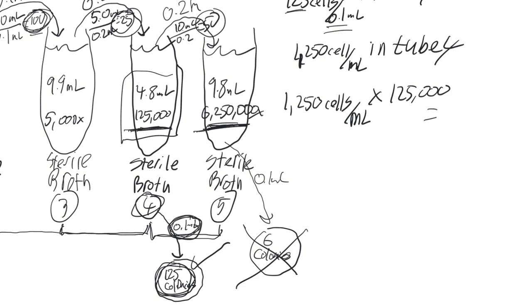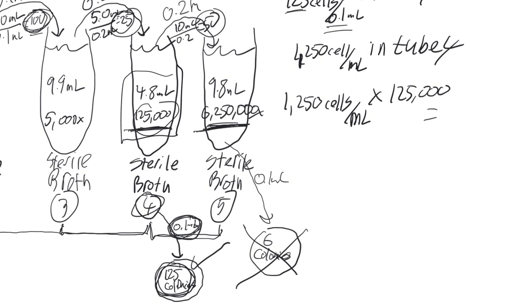Okay, why? Well, because tube 4 is that many times more diluted. It's got that many fewer cells. So if I take the number of cells per mil in that tube and multiply it by the dilution factor, that's going to calculate me back to that first tube.